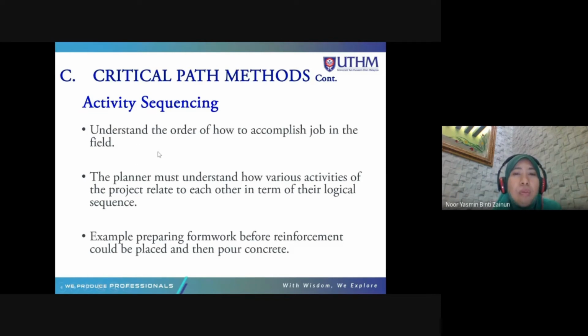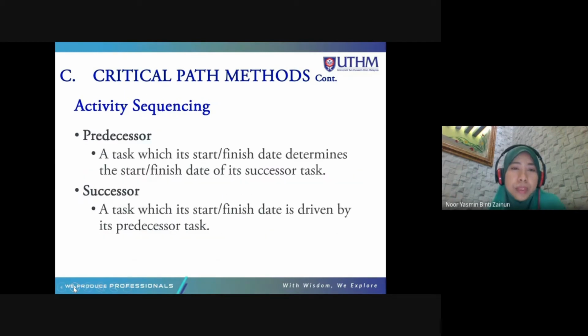You need to understand the order of how to accomplish the job in the field, step by step: what activity needs to be done after the previous activity has finished, to continue the activities. The planner must understand how the various activities of the project relate to each other in terms of their logical sequence. For example, there are two activity relationships, the predecessor and the successor.